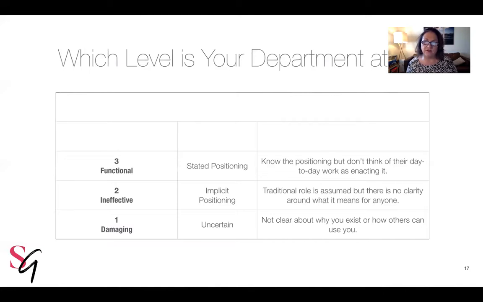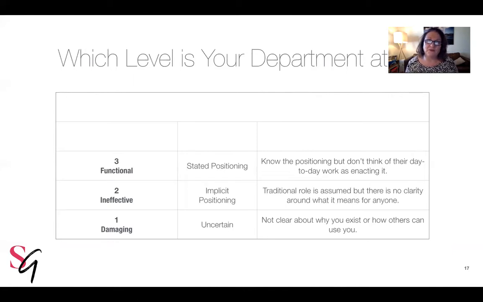Functional is fine. You've got to know your positioning. You say this is what we do, but it's another thing completely, as with all positioning and all sets of company values and missions and visions and all of those things. If you don't turn it into behaviors, if it doesn't change what you're doing, then all you've done is describe your stagnant position.